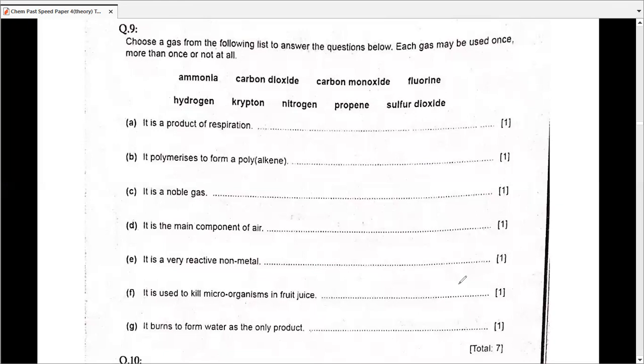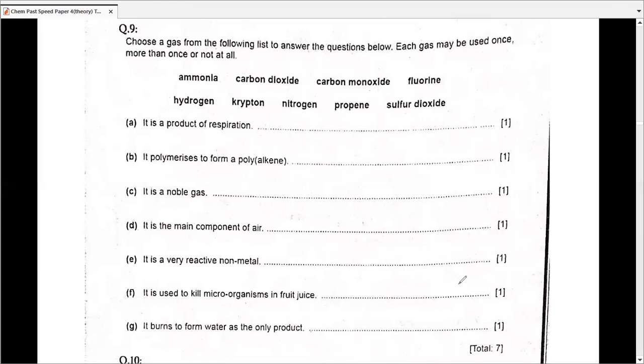Okay, let me rephrase it. It's the most reactive nonmetal on the planet. Not just a very reactive nonmetal, it's the most reactive nonmetal on the planet. Carbon monoxide. It's a nonmetal. It's not a compound.